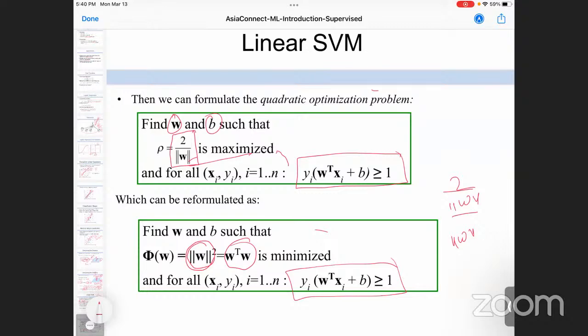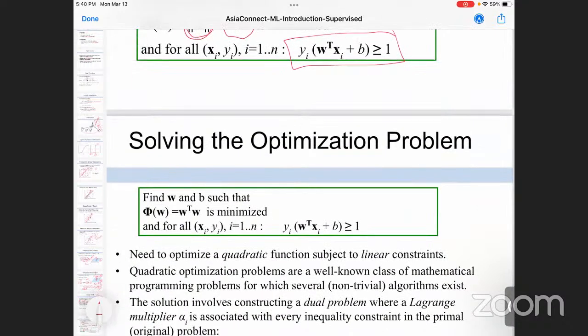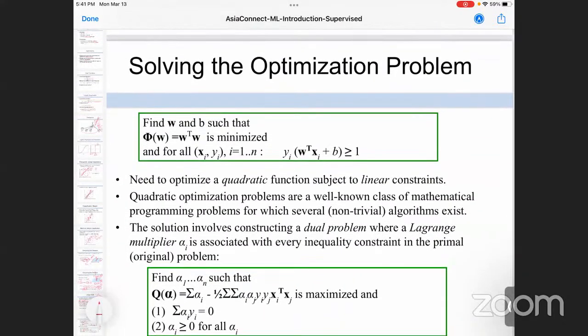And now, how do we solve this one? I think this is a little bit mathematical. I'm not sure whether you'll be able to understand, but I'm still going through these things, okay? This is basically an optimization problem with a quadratic function.